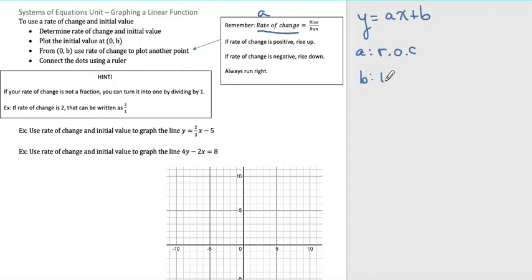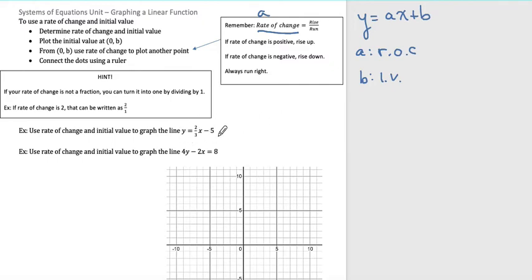B is our initial value. Remember, our initial value is where the line crosses our y-axis. So if we take an equation, we can determine our rate of change and our initial value, and we can plot those points. So let's take a look at what that actually looks like.